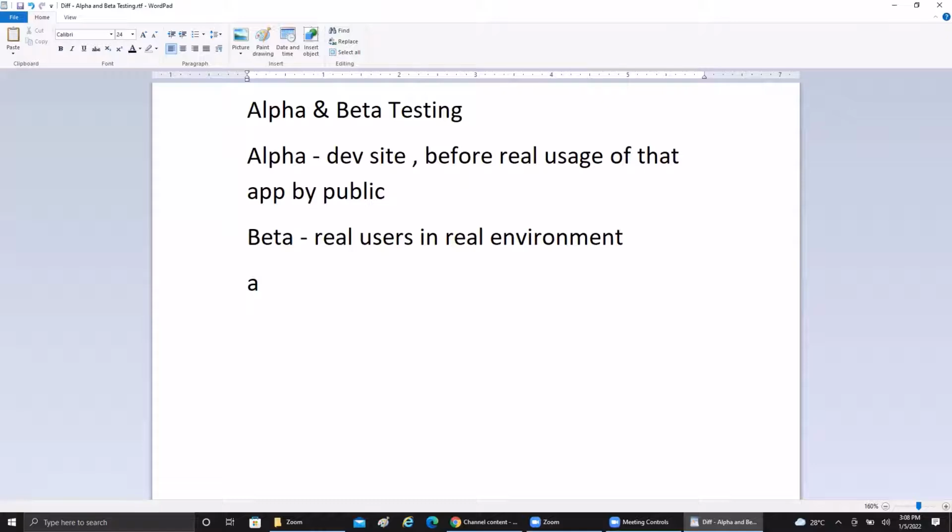If you take alpha, it will involve both white box testing and black box testing, where the system requirements, functional level, everything is tested in and out.